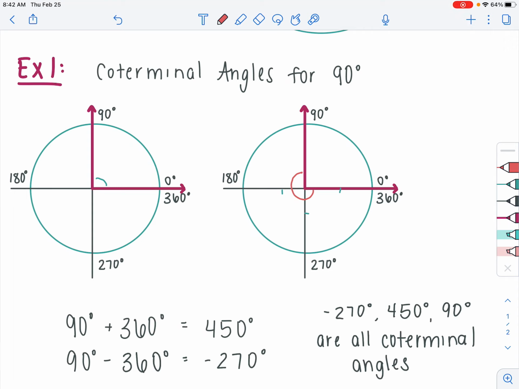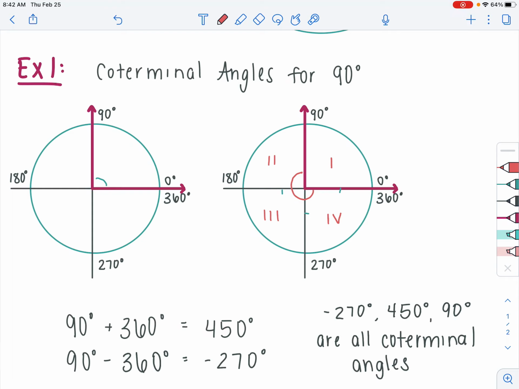So what you're going to do today is first you're going to find which quadrant an angle is going to be in. And remember, we know this is quadrant 1, 2, 3, and 4. So you're going to tell me which quadrant they would be in. Then you're going to look at the drawings and find coterminal angles.